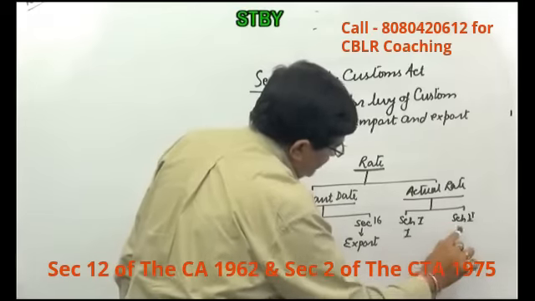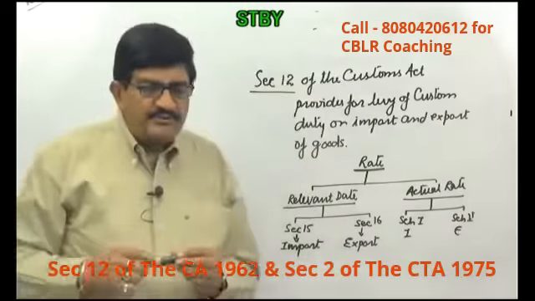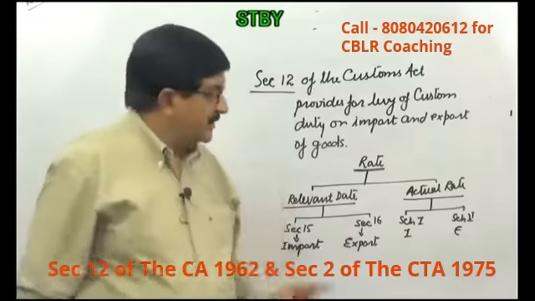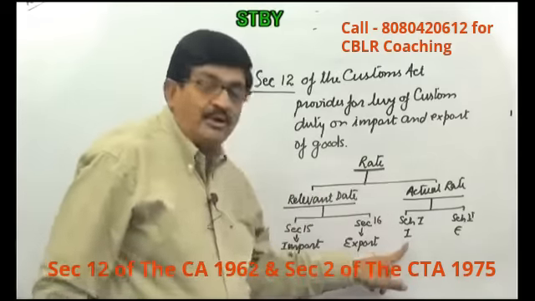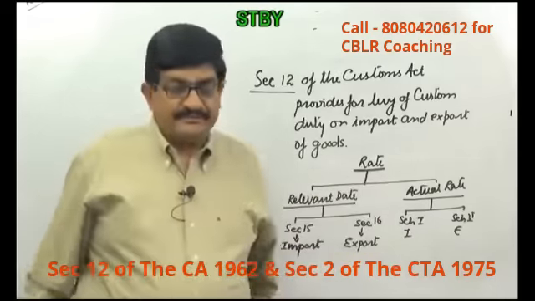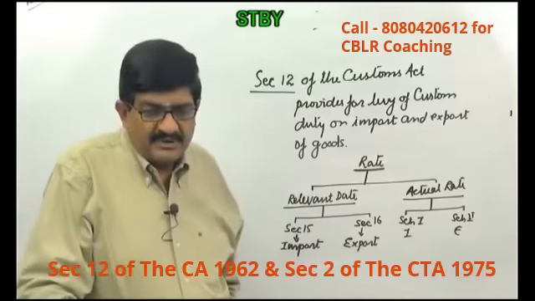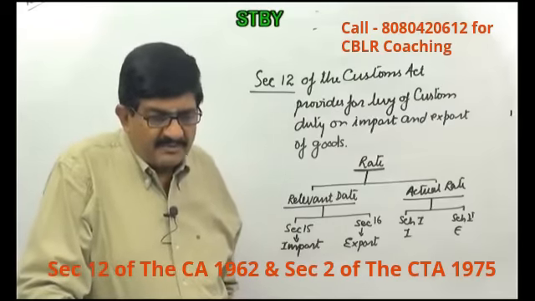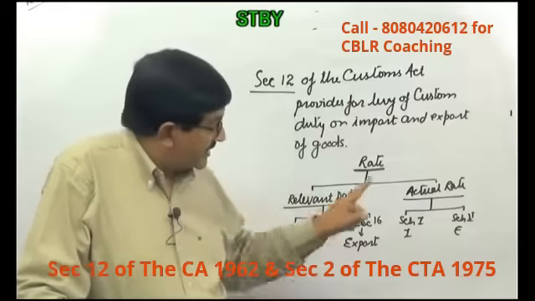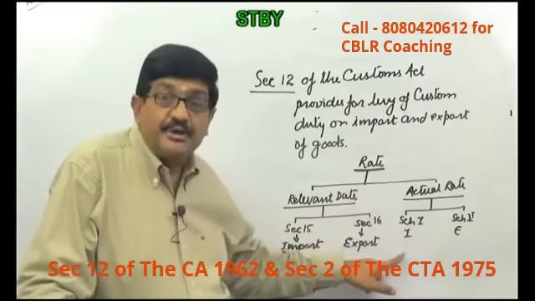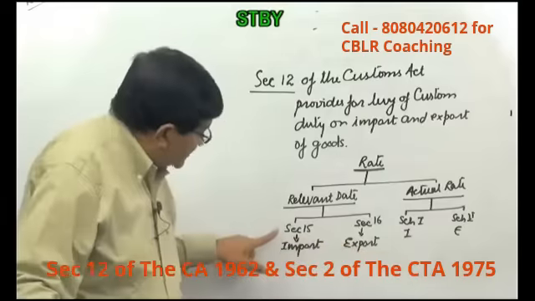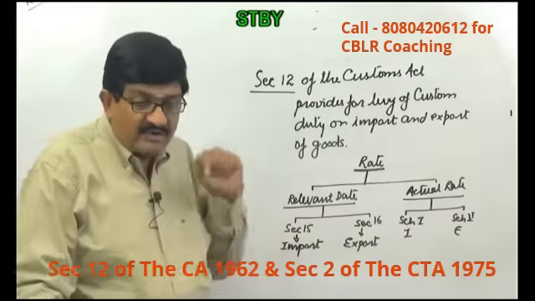This is for import, this is for export, that is already known to you. So you need to combine two things together. Rate of duty given in Schedule 1 on this relevant date will be applicable. Rate of duty given in the schedule, as on this relevant date, will be the actual rate on which duty is payable.